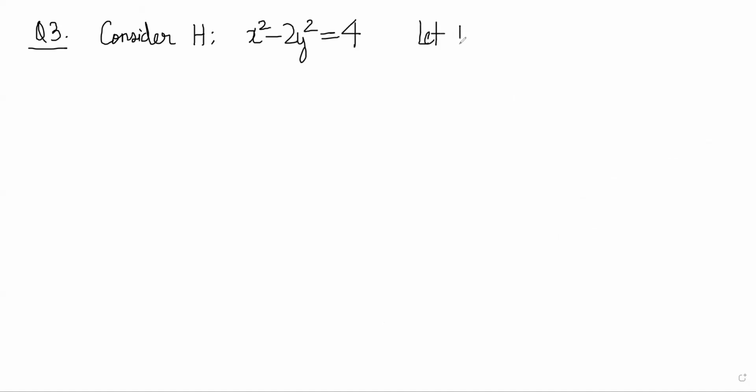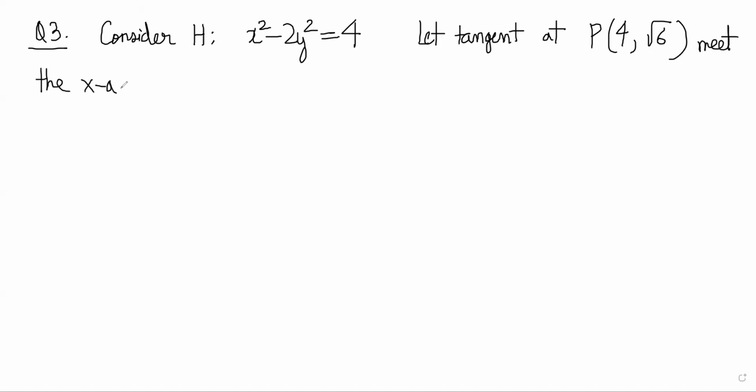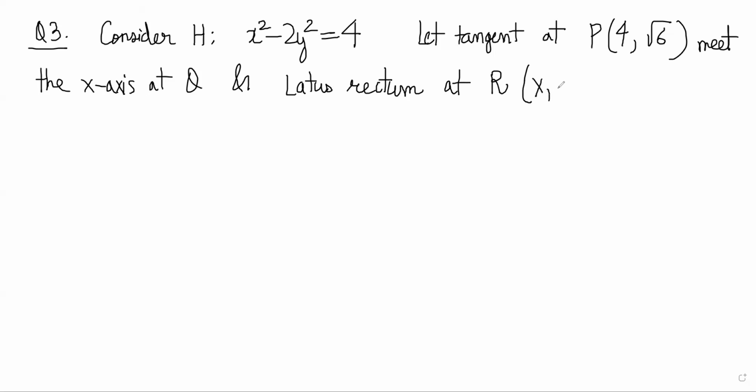Let the tangent at P, which is (4, root 6), meet the x-axis at Q and latus rectum at R, which is (x1, y1), where x1 is greater than 0.